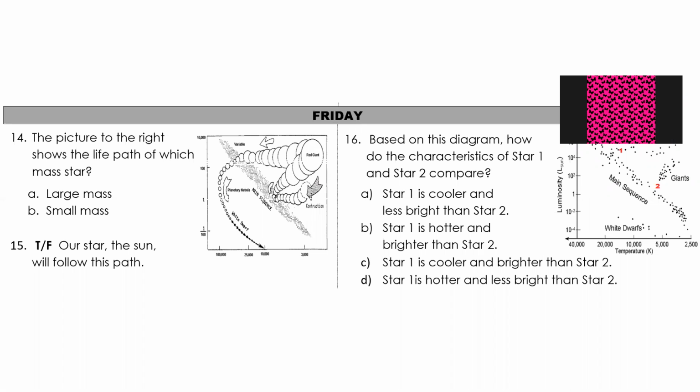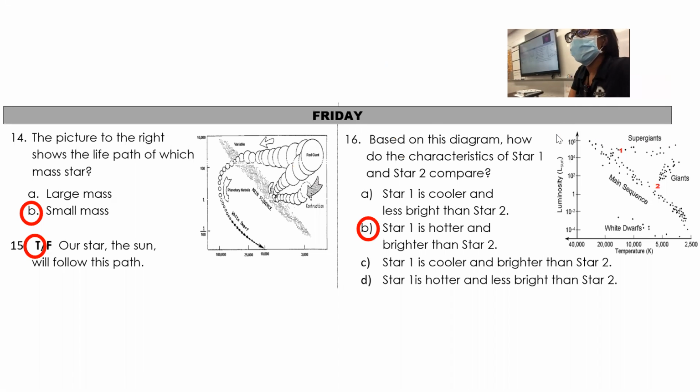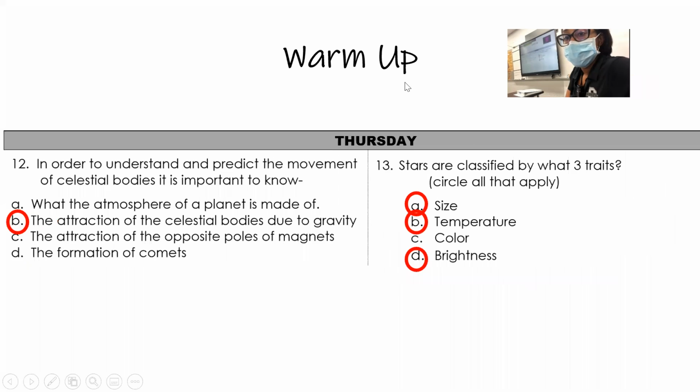So if it's a giant, we know that it has to be what type? Is it small or large? Small. Because a large star is going to become a supergiant. Very well done. Is this the path our star is going to take? Very good job, Terrence. And then number 16, how do we compare those two stars? B is correct. So star 1 is hotter and brighter.